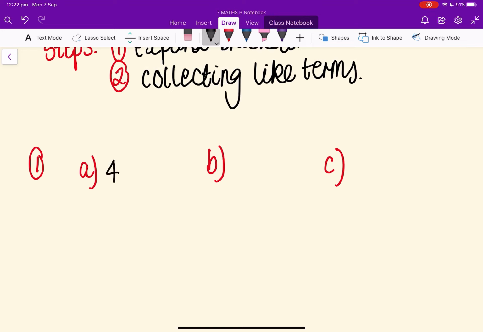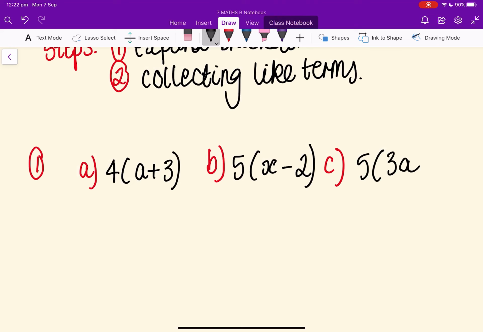So 4 brackets a plus 3, then 5 brackets x take 2, and lastly 5 brackets 3a plus 4. Okay, so we're going to use the distributive law. So that means whatever the number on the outside, or the term on the outside, we're going to multiply that by everything inside the bracket.